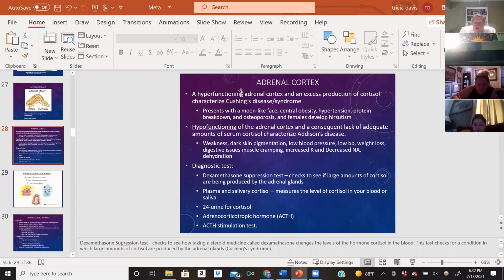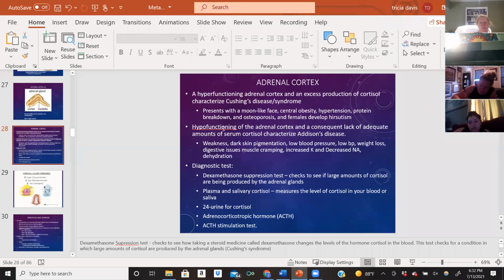They may also suffer from osteoporosis because it's going to affect their calcium levels. And then females will develop hirsutism. And we're going to talk a little bit more about that in detail when we talk about Cushing's disease. So if you have a hyperfunctioning, so too much cortisol.